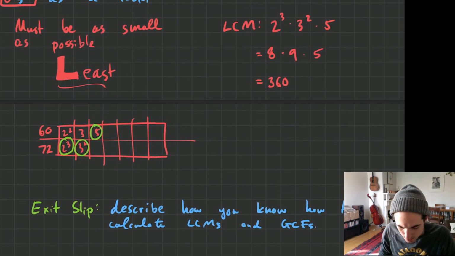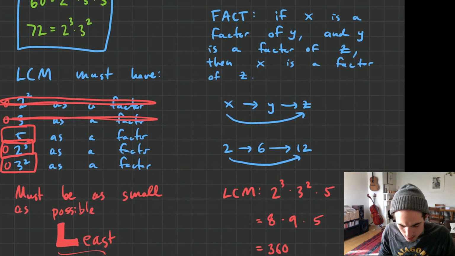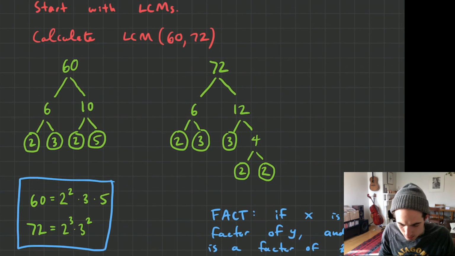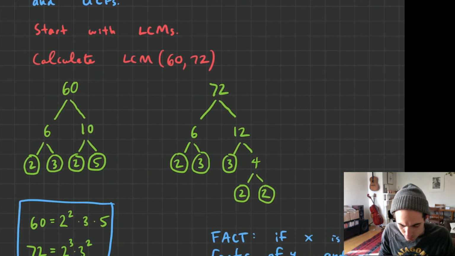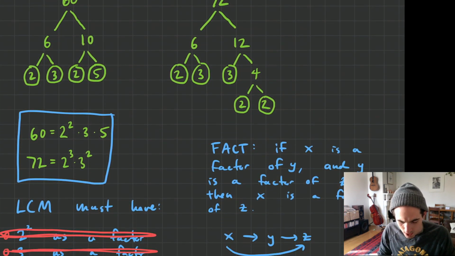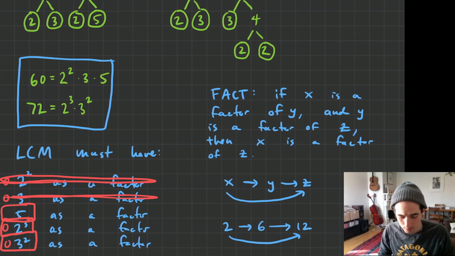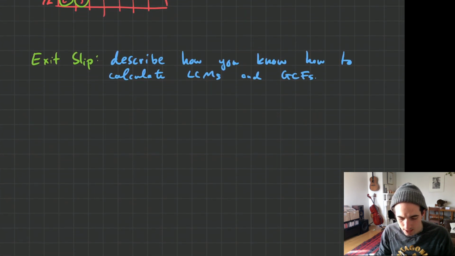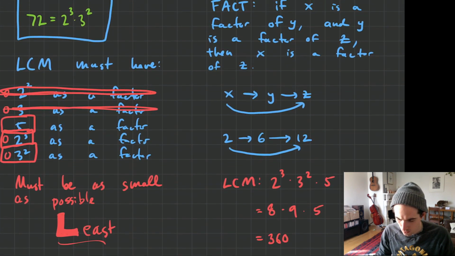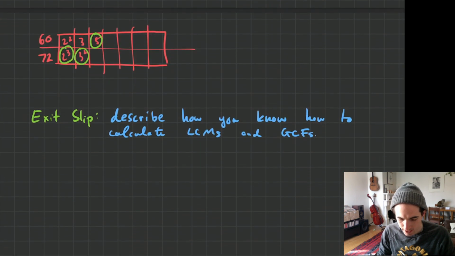So last time we started looking at prime power decomposition, right? So we would take a number and write it as its prime power decomposition. In other words, we decomposed it into prime powers using factor trees. That's what we did yesterday, and we just started to look a little bit at LCMs, and we're going to look at GCFs today as well.